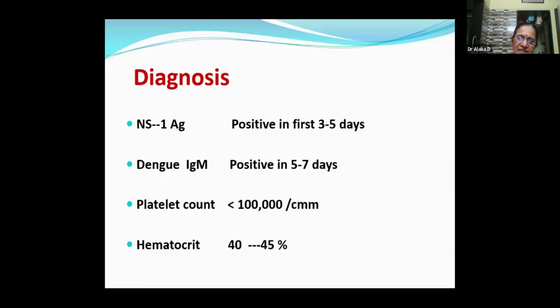So the infection is confirmed by the body's first response, dengue IgM. NS1 antigen is detected in 3 to 5 days. The dengue IgM is positive in 5 to 7 days. And then the hallmark of this dengue is platelet count, which is less than 100,000 per cubic millimeter.